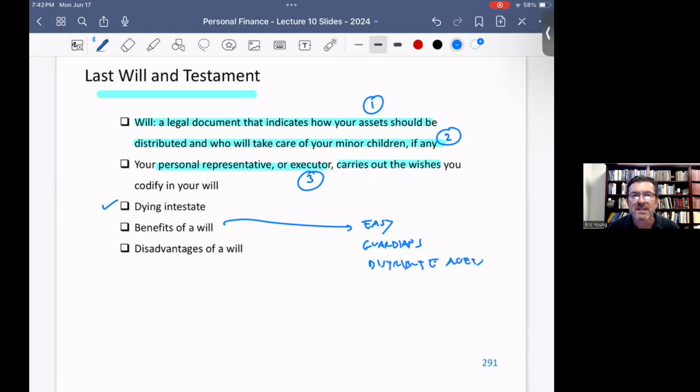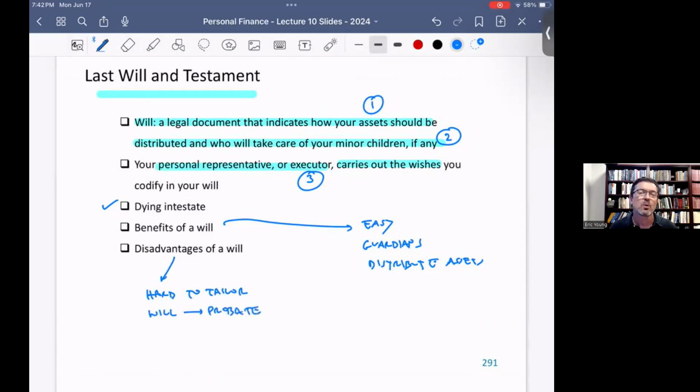The primary disadvantages of a will is that they can be somewhat hard to tailor to unique situations. And critically, everything in a will, as we just learned, must pass through probate.